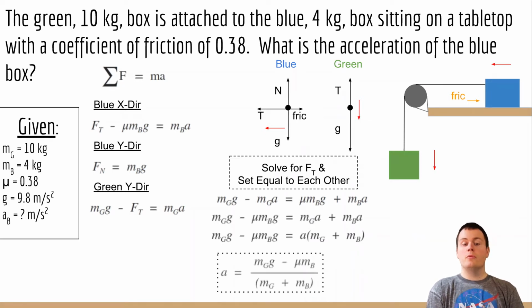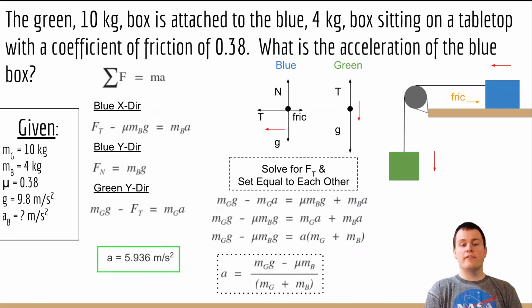We find that the acceleration is equal to the mass of the green block times the acceleration of gravity minus the force of friction, all divided by the total mass of the green and the blue block together. We know all of those variables, so we plug them in, and we find that the acceleration is equal to 5.936 meters per second squared.